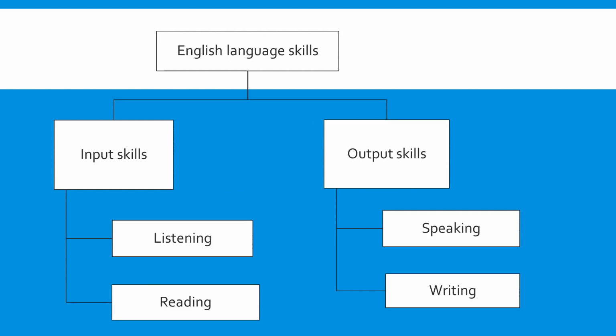In this figure, we have at the top the English language skills. On the left, we have the input skills. Input skills here means what students get from the language.